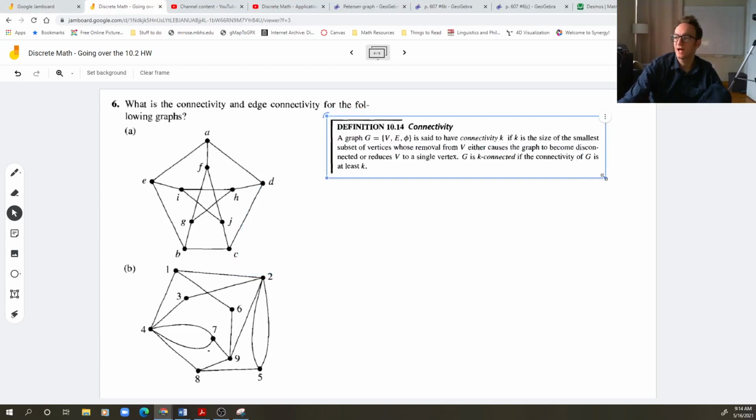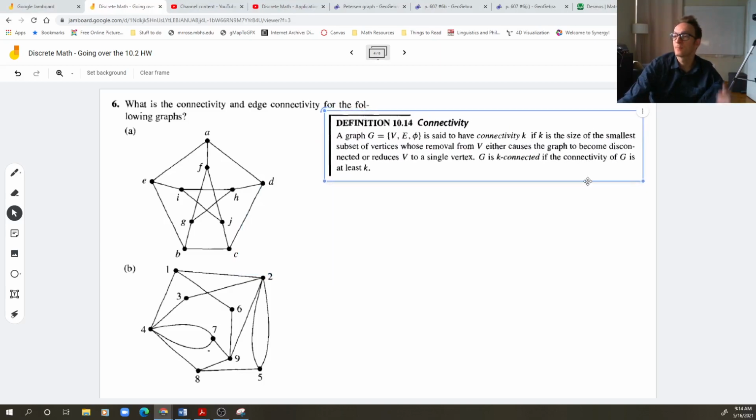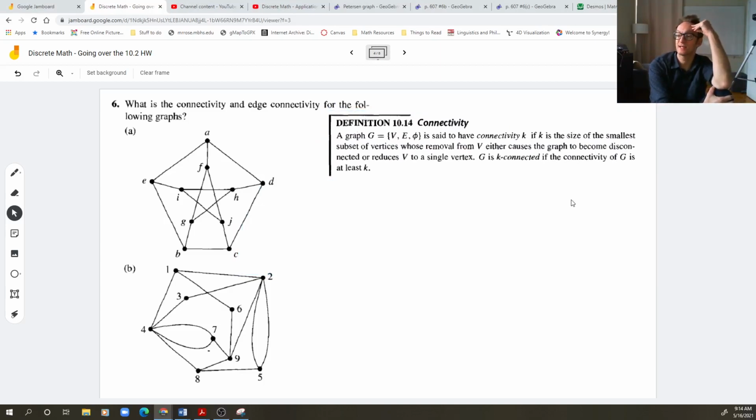So what is connectivity? A graph has a certain connectivity if K is the size of the smallest subset of vertices whose removal from V either causes the graph to become disconnected or reduces V to a single vertex.